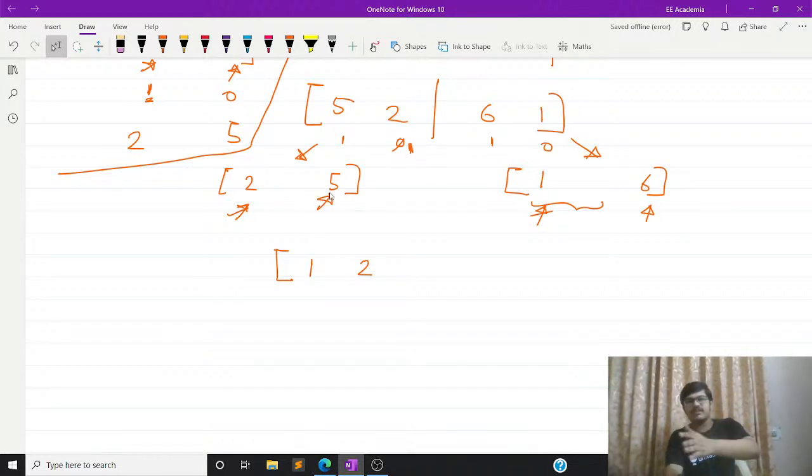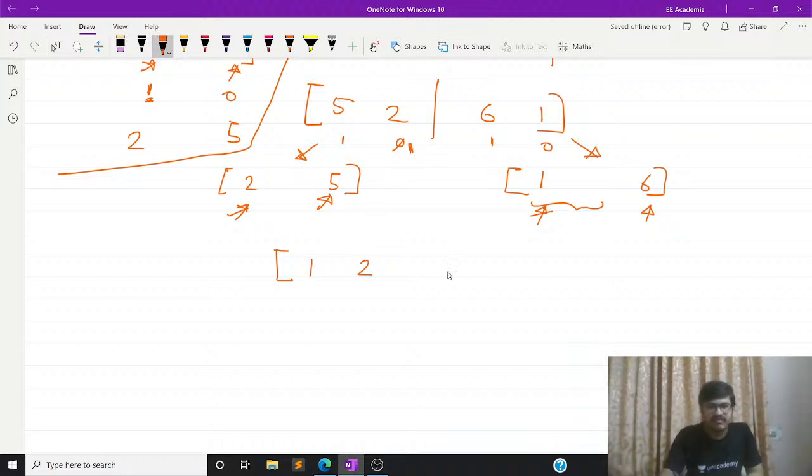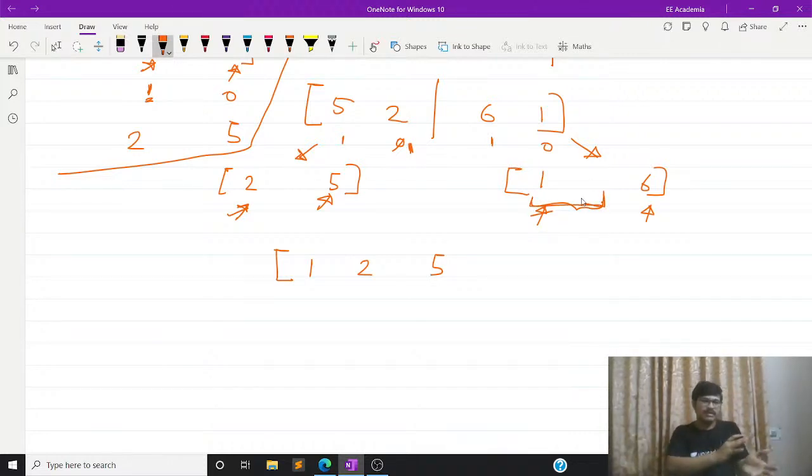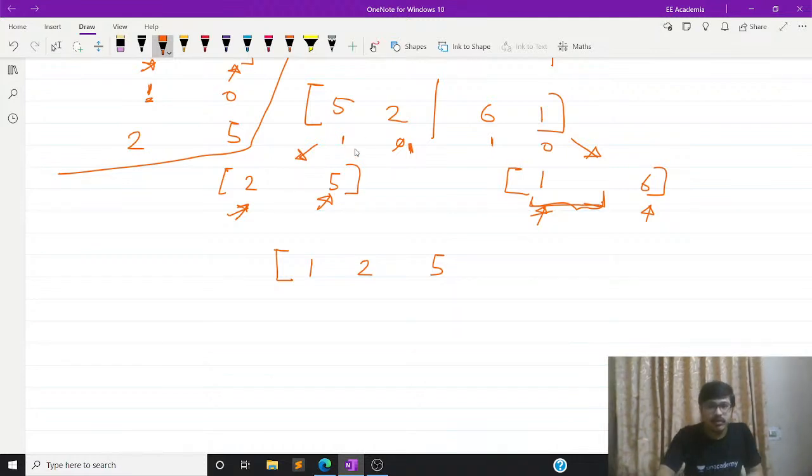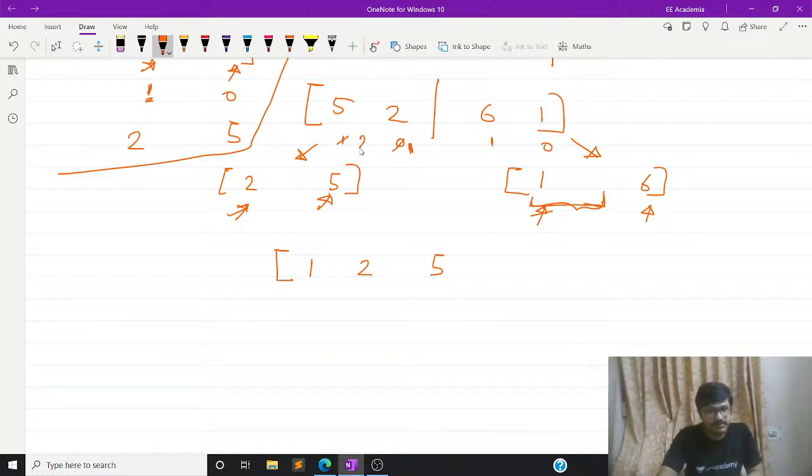Now 5 and 6. Which is smaller? 5 is smaller. 5 is smaller means I will put 5 in this array, but I see that there is already one element from the right half which has been put in this merged array. So one element was at least smaller than 5. So I increment this count of 5 by 1 again.